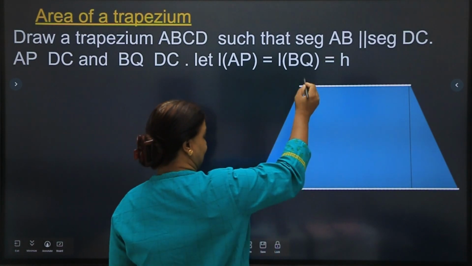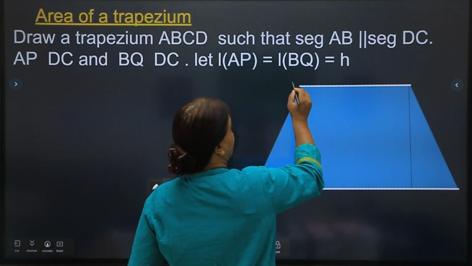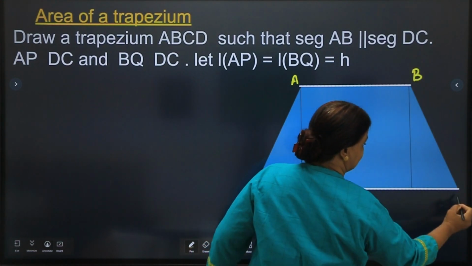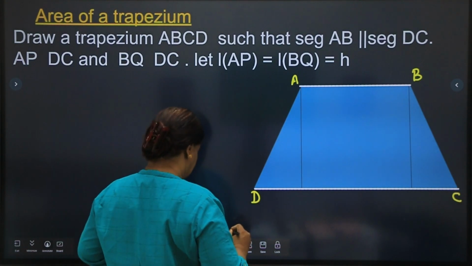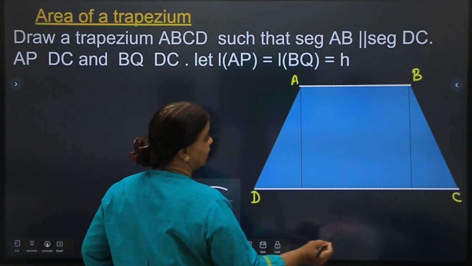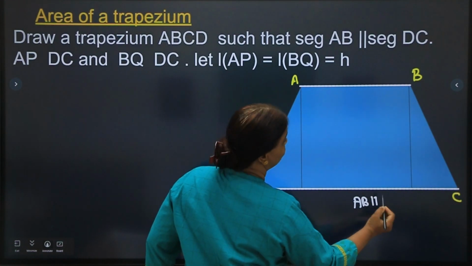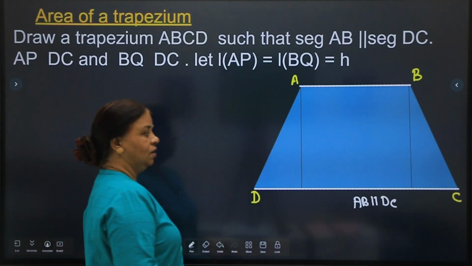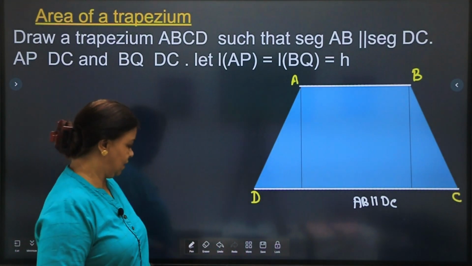If I label it as A and this as B and this as C and this as D, then I can say that AB is parallel to DC. Okay? By looking at this figure, we can say that AB is parallel to DC.